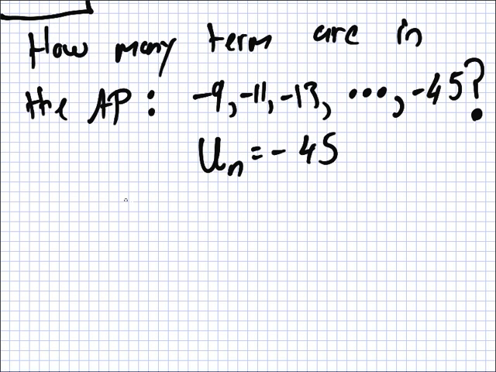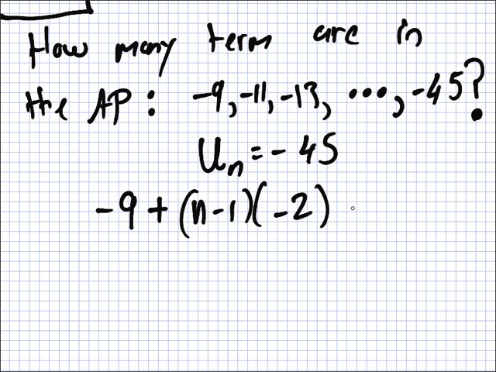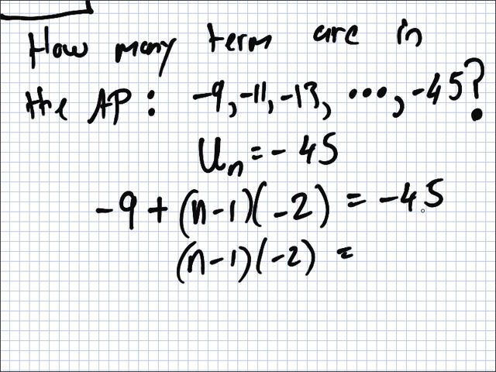So, using our formula, A plus N minus 1 times D, which is minus 2, that should equal minus 45. So that means N minus 1 times minus 2 should equal minus 45 plus 9, which is minus 36, isn't it?